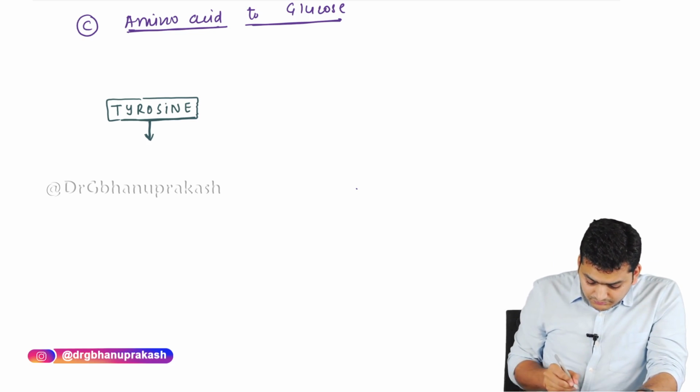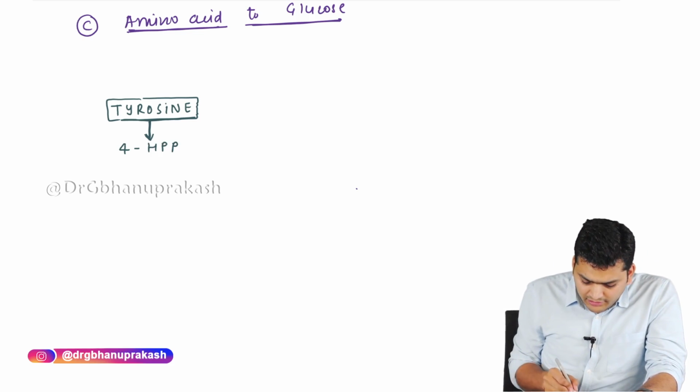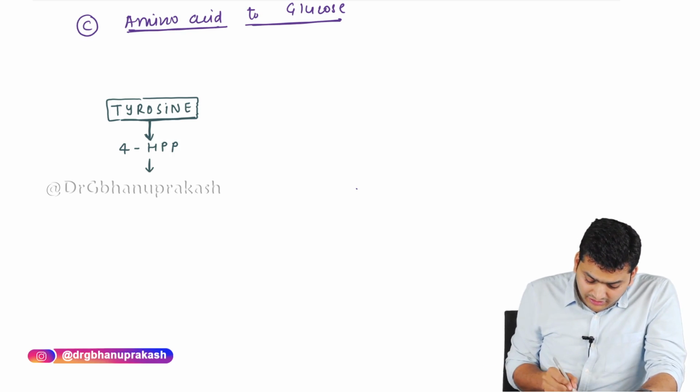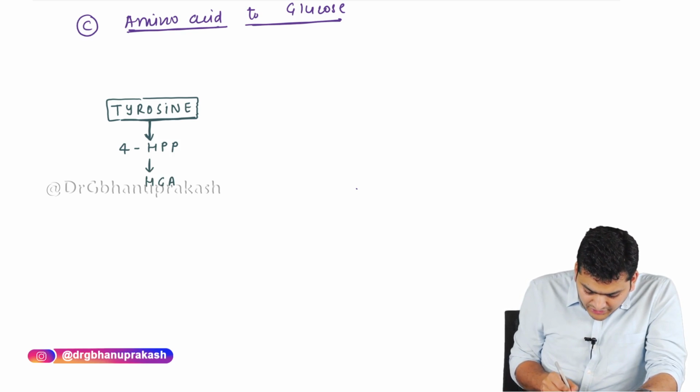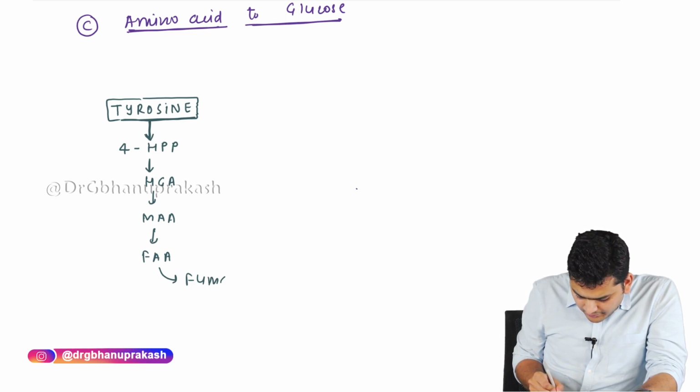The intermediates of the tyrosine catabolism pathway: it will convert into 4-hydroxyphenyl pyruvate. We have discussed that in detail in the tyrosine session. Then it converts into homogentisic acid. Then it converts into maleylacetoacetate, the fumarylacetoacetate, and ultimately it will convert into fumarate and acetoacetate.